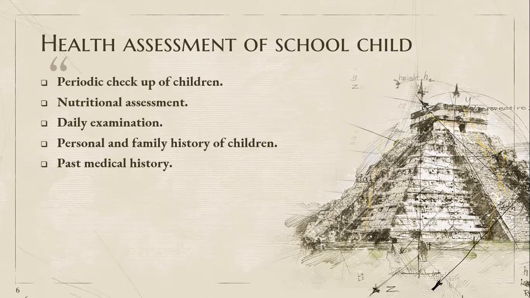Then the teachers, parents, community health nurses, doctors, etc., shall share the joint responsibility of the health assessment of the school going child. Here, it is necessary to clarify that a comprehensive record of all the facts and information gathered from health assessment should be documented in the health card of the child.